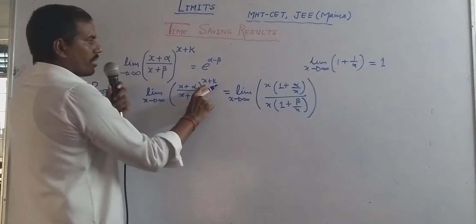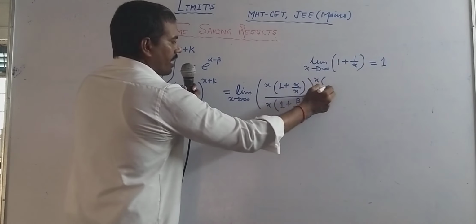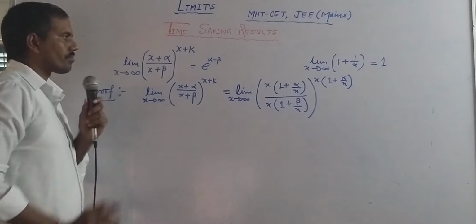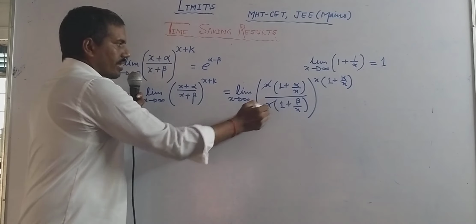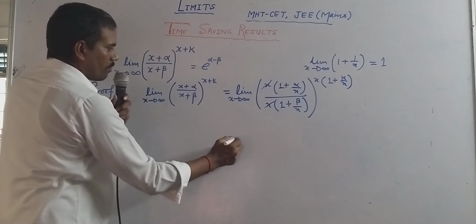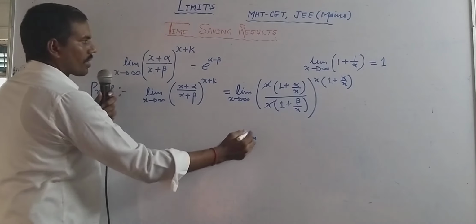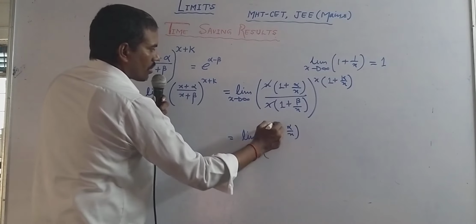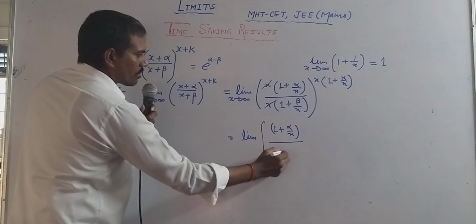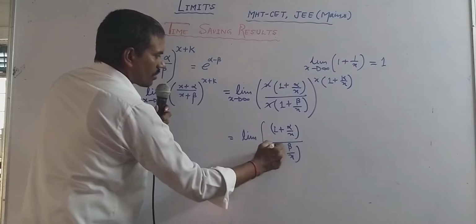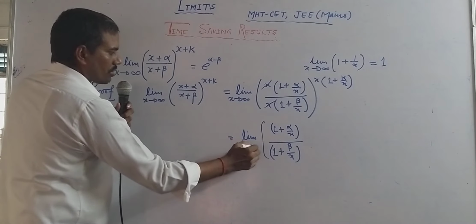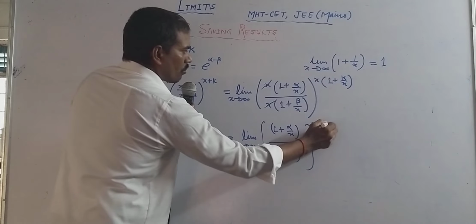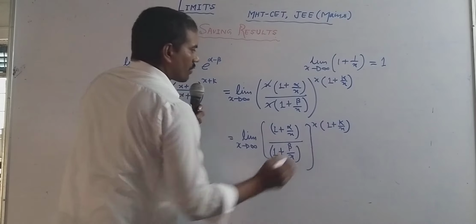At the power, when we take x as common we get x into 1 plus k upon x. Now x and x get cancelled. We have to write it as limit of (1 plus alpha upon x) divided by (1 plus beta divided by x) as x tending towards infinity, to the power x into (1 plus k upon x).